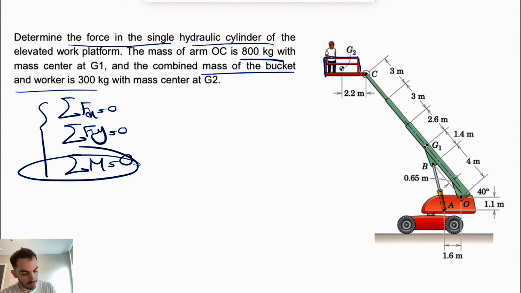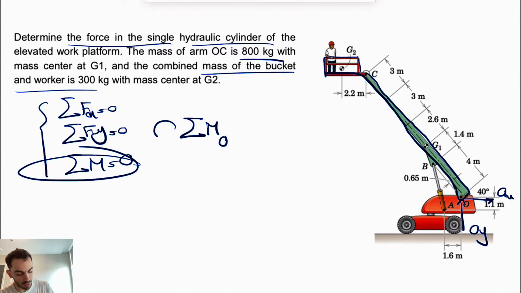If we draw the free body diagram for the bucket, worker, and the arm OC, we know at point O we have a pin, so we're going to consider two components, OX and OY, but that's not what the question is asking us. So if we simply do the moment about point O equals 0, we should be able to find the force that is applying in here.